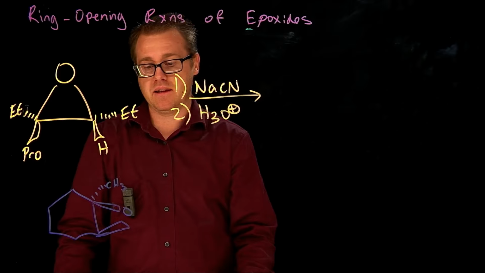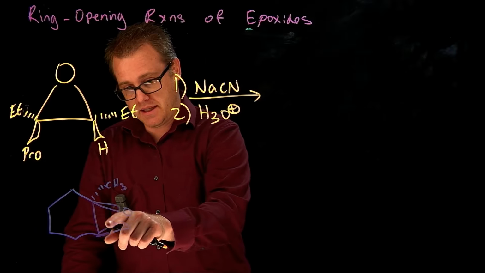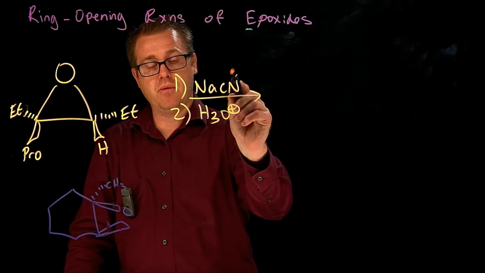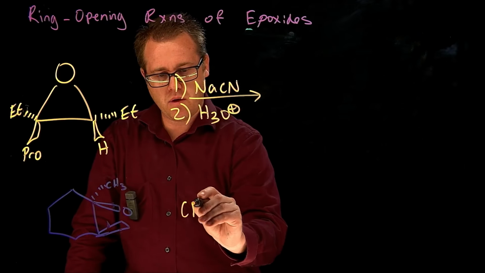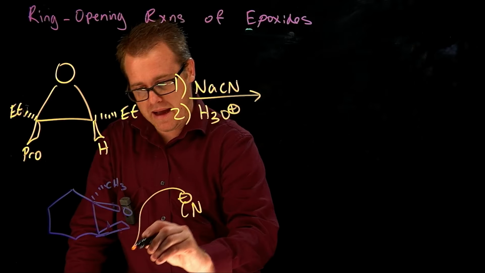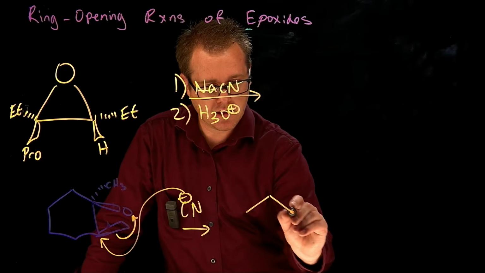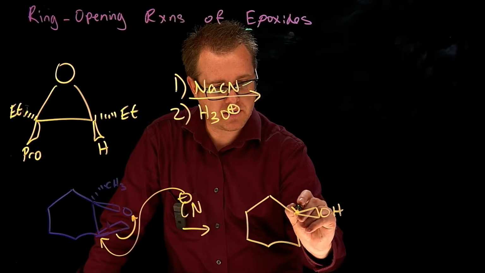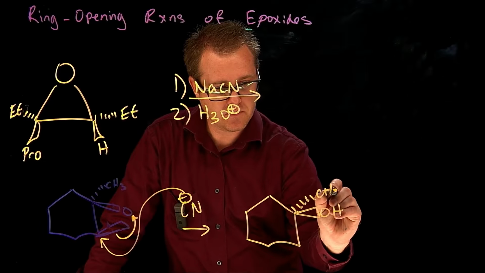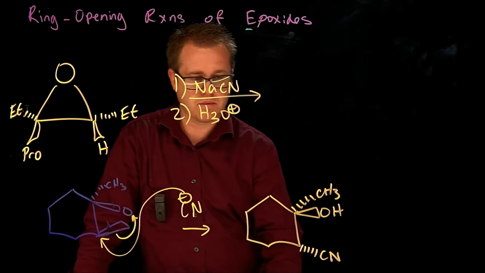So you can represent this in both ways. If we take this species right here and treat it with sodium cyanide, what would we have here? It would come in by backside attack, like so, and give us our product that looks like this.